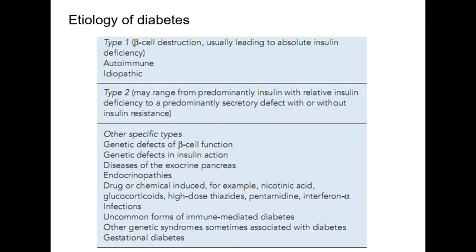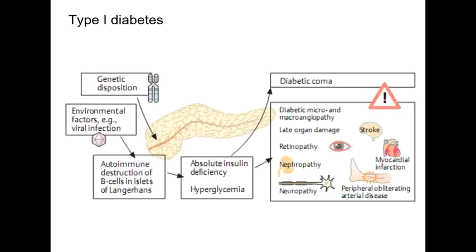Meaning, secretory defect means beta cells may release or may not release adequate amounts of insulin, and there can be other specific issues, for example defects in beta cell function. There can be genetic defects in action of insulin, diseases of the pancreas, endocrinopathies, drugs, etc. So all of these can contribute to diabetes mellitus.